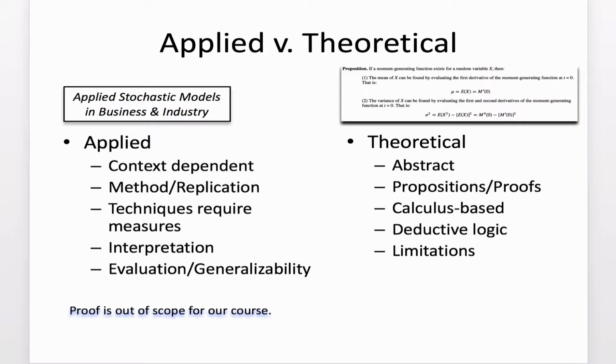In an applied statistics course, we're using models that rely on probabilities, and they are applied to particular kinds of real life situations. So therefore, they're context dependent. You're doing statistical analysis inside of a context in which these data are located.